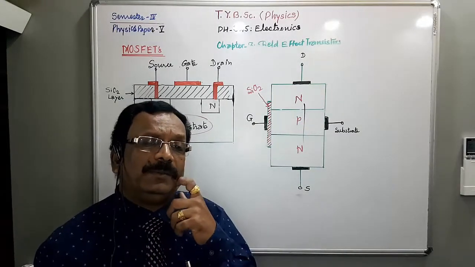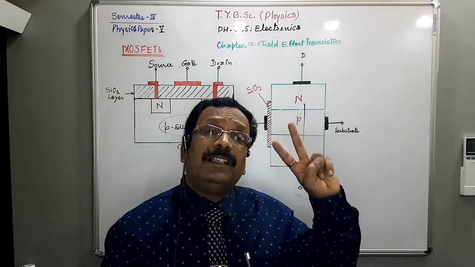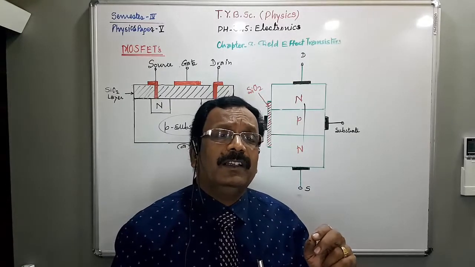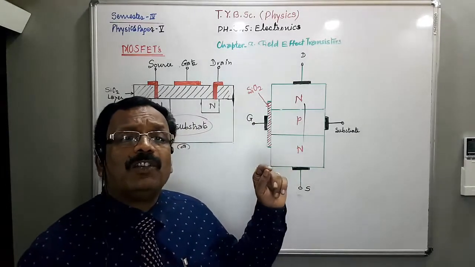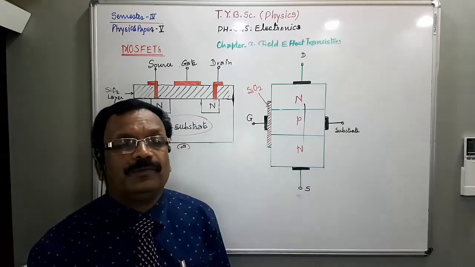Now the working principle. Remember that in the depletion type n channel MOSFET there are two modes of operation, but the enhancement type n channel MOSFET has only one mode of operation, and that is enhancement mode.